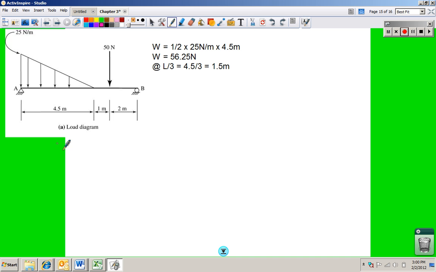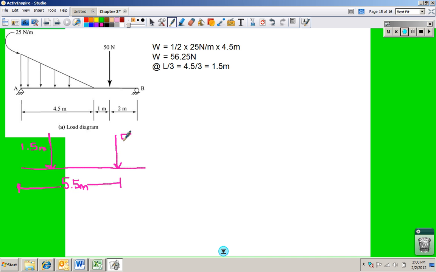So that turns into this system. This one is at 1.5 meters, and this one is at 5.5 meters, because I take the 4.5 plus the 1.